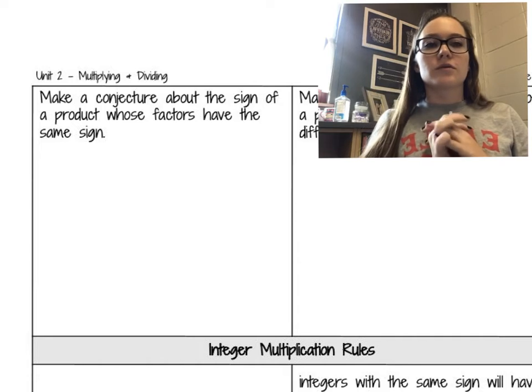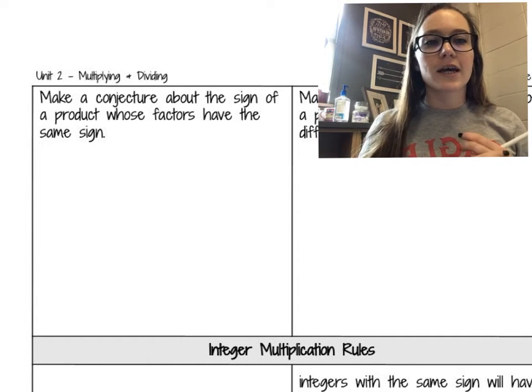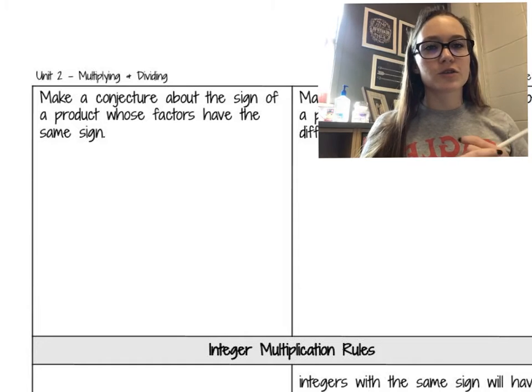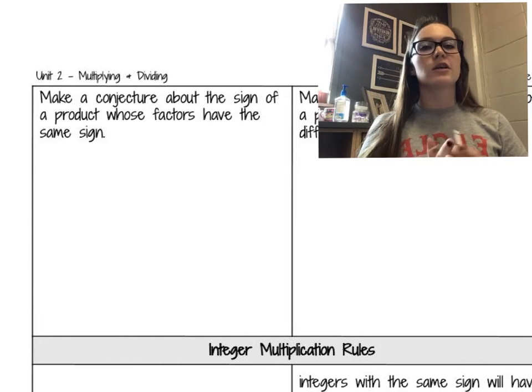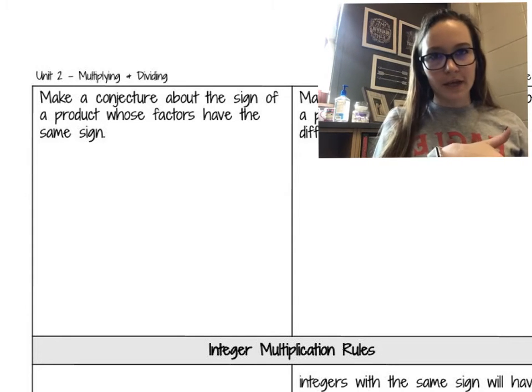Okay, so make a conjecture, which means to write a rule about the sign of a product whose factors have the same sign. It's like a positive times a positive, a negative times a negative.